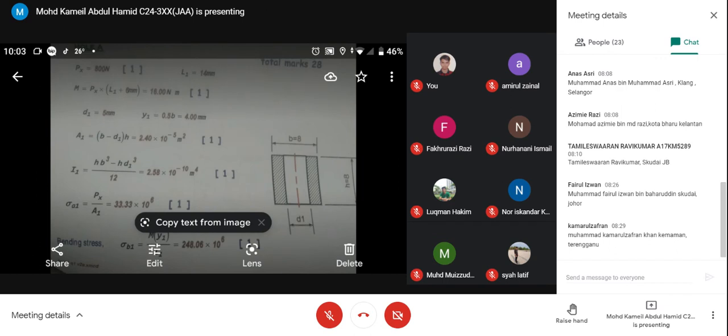Outer part. Okay, at the neutral axis it is 0.